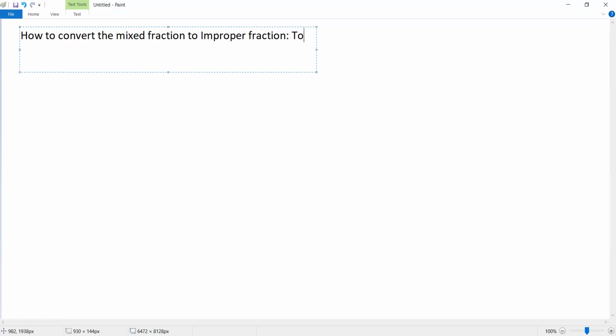To convert from mixed to improper fraction, multiply the denominator.